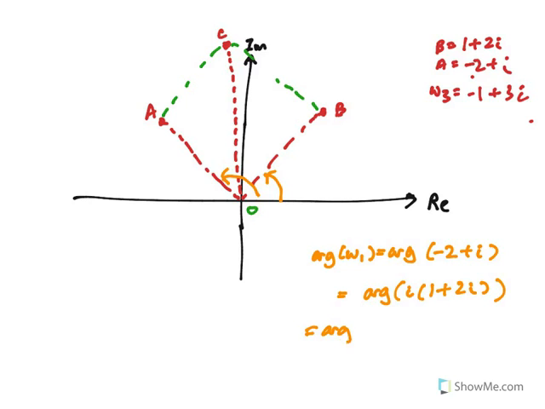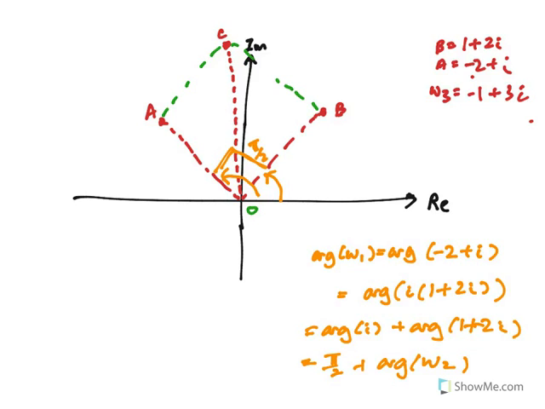And this is the same as the argument of i plus the argument of 1 plus 2i, which is the same as pi over 2 plus the argument of W2, since the argument of i is on the imaginary axis, it's just pi over 2, right? And with that, we can just see that this equals pi over 2 or 90 degrees.